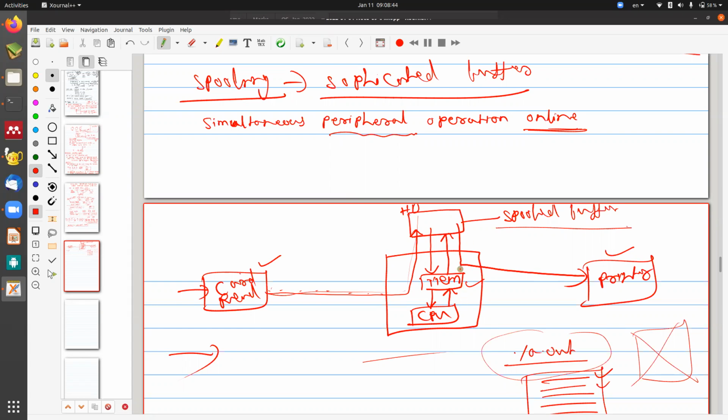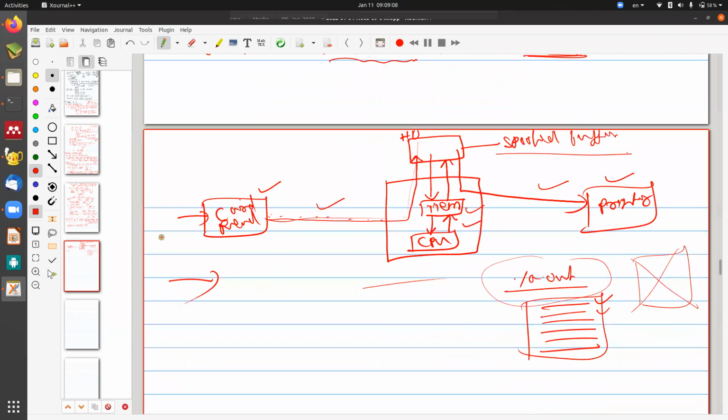And at the same time, the jobs whose output has already been produced but has not yet gone to the printer for printing are placed inside the spooled buffer, and from that spooled buffer the printer is accessing. Means these three jobs are done simultaneously. That's why I say wherever spooling is used, you can say that multi-programming is supported somehow.